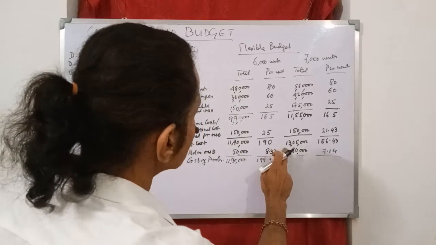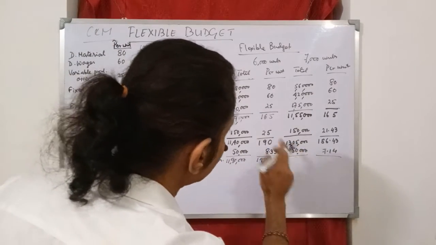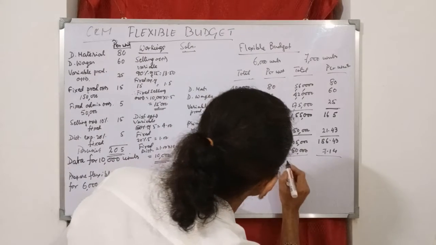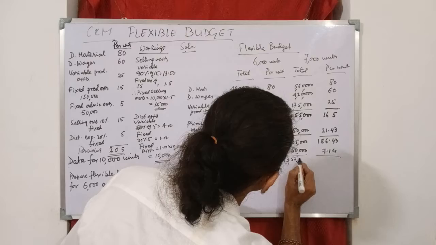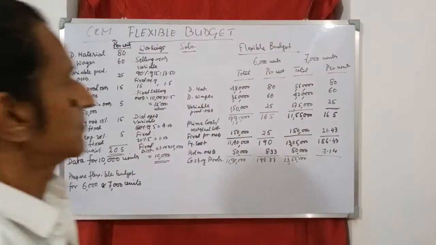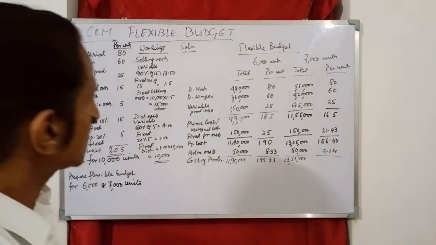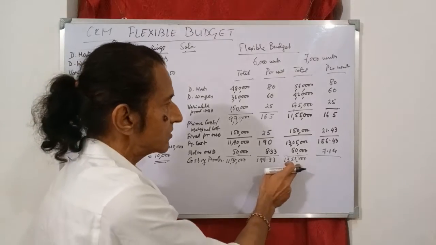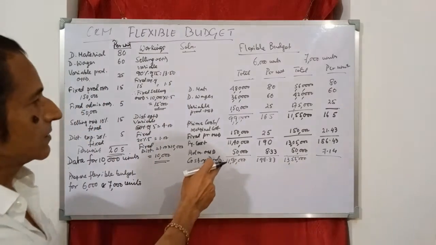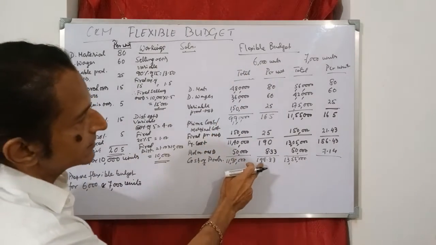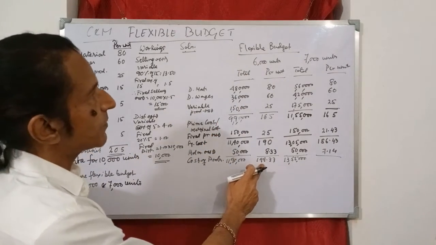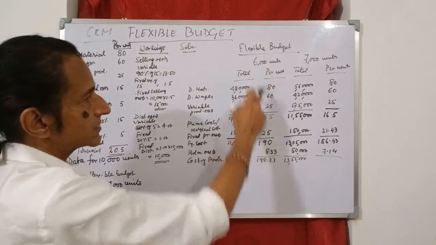Here 13 lakh 5,000 plus 50,000 gives us 1,355,000. That is the total cost of production for 7,000 units, and this is the cost of production per unit for 6,000 units.